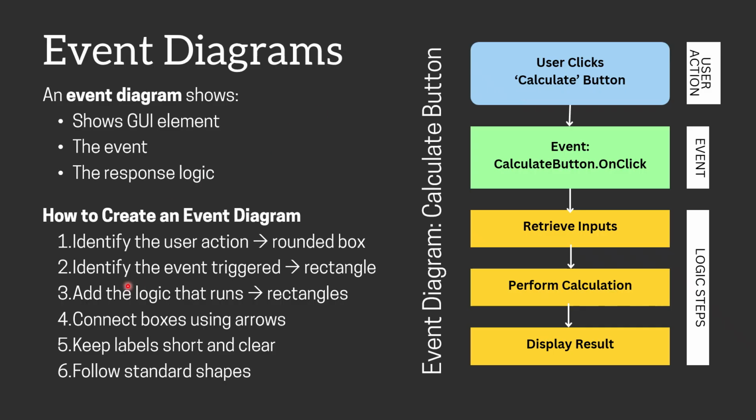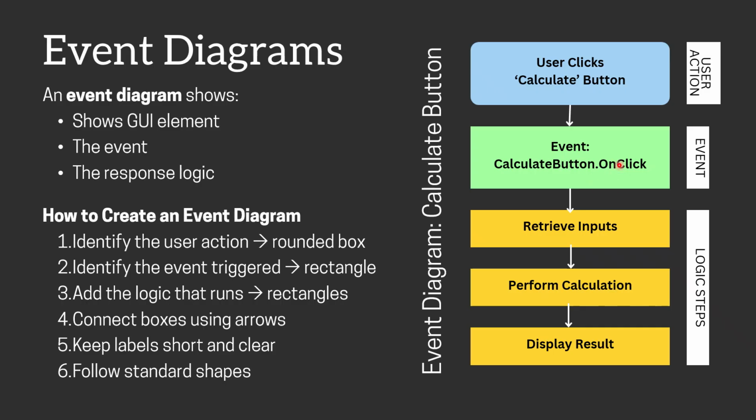The second thing is you show the event that's going to get triggered. For instance, in our situation here, it's the onclick. We show this below the user action, and we draw a regular rectangle to represent the event. This is going to describe what event fired in the system.